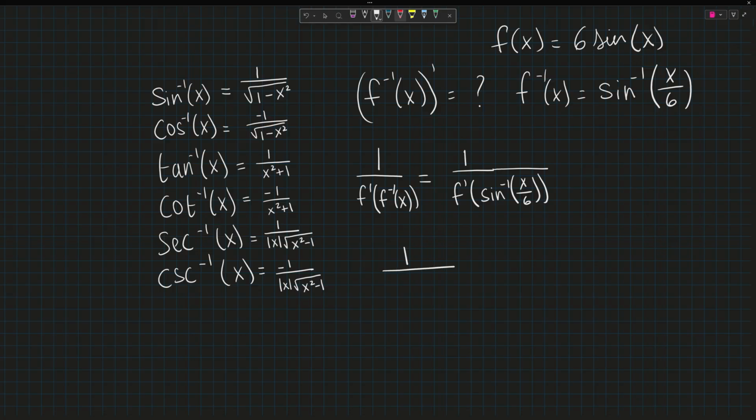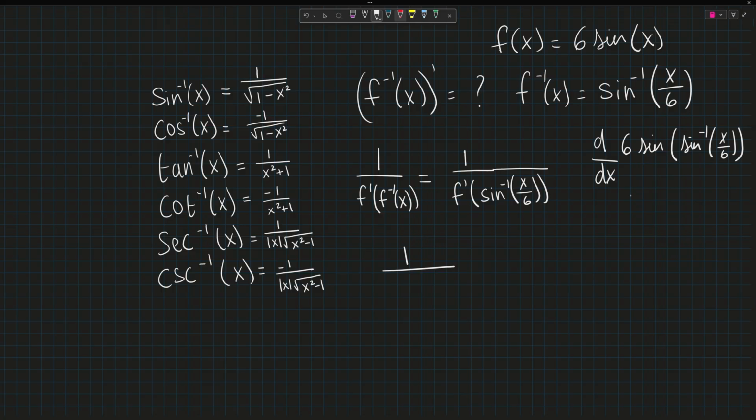1 divided by the derivative of 6 sine of inverse sine x over 6. So I have to take the derivative of that. So it's a chain rule.